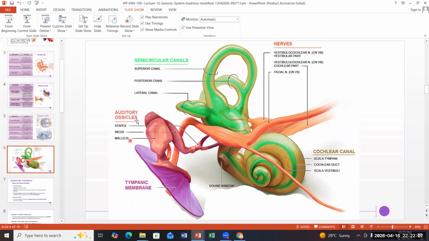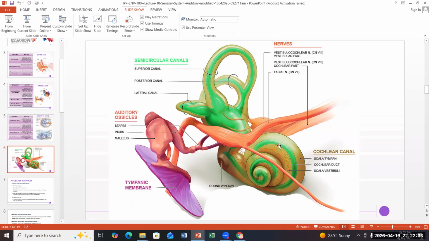These bones transfer the sound wave to the oval window, and the sound waves are then transferred to the semicircular canal and the cochlea. Remember, within the cochlea, there are inner ear cells that get stimulated, and an electrical impulse is generated.